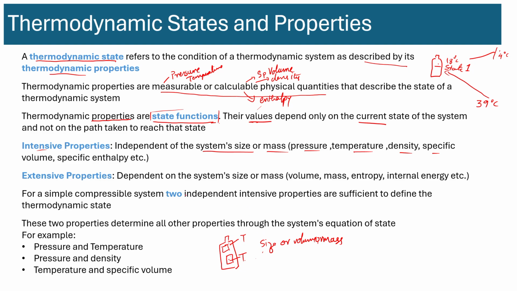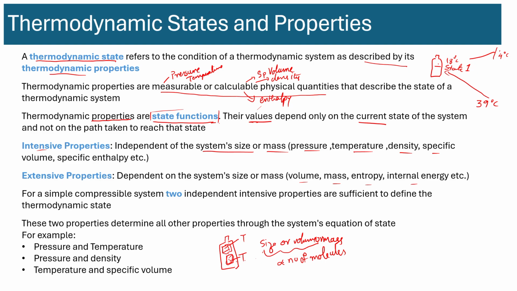And then there are properties like volume, mass, entropy, internal energy, etc. that depend on the size or volume or mass. By this, what we mean is it depends on the number of molecules. So if you select a smaller volume here and ask what its mass is compared to another one, the mass will be different, right?